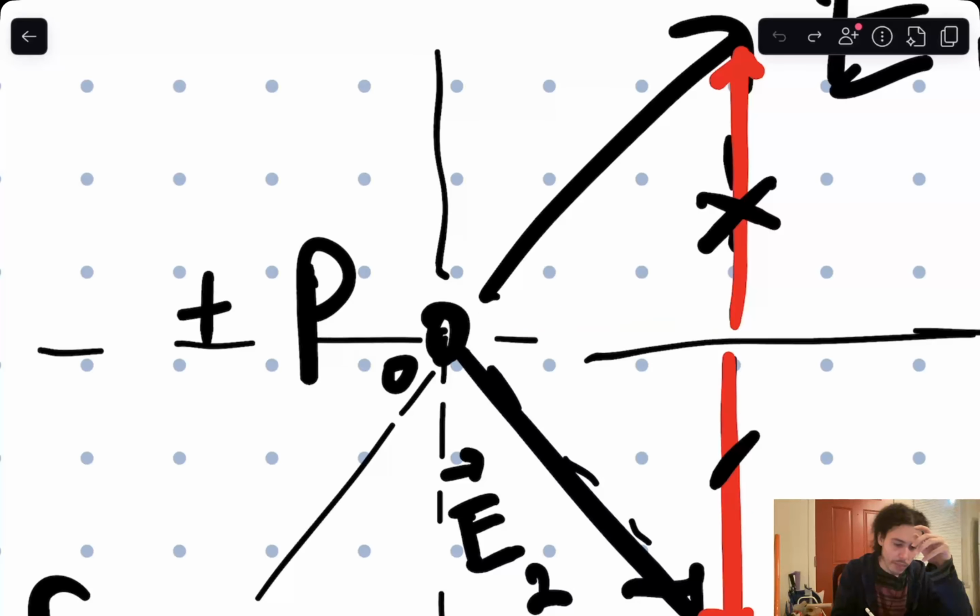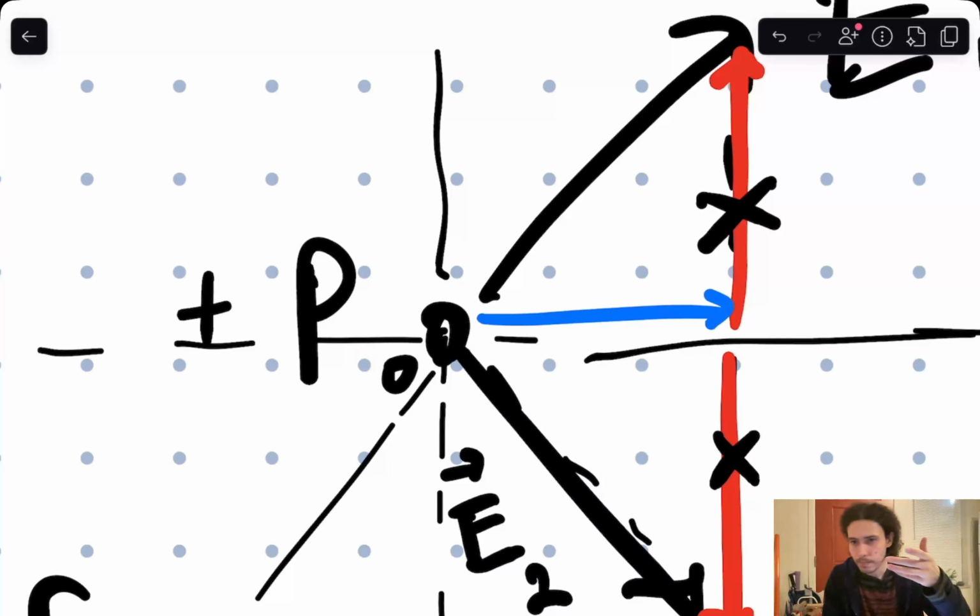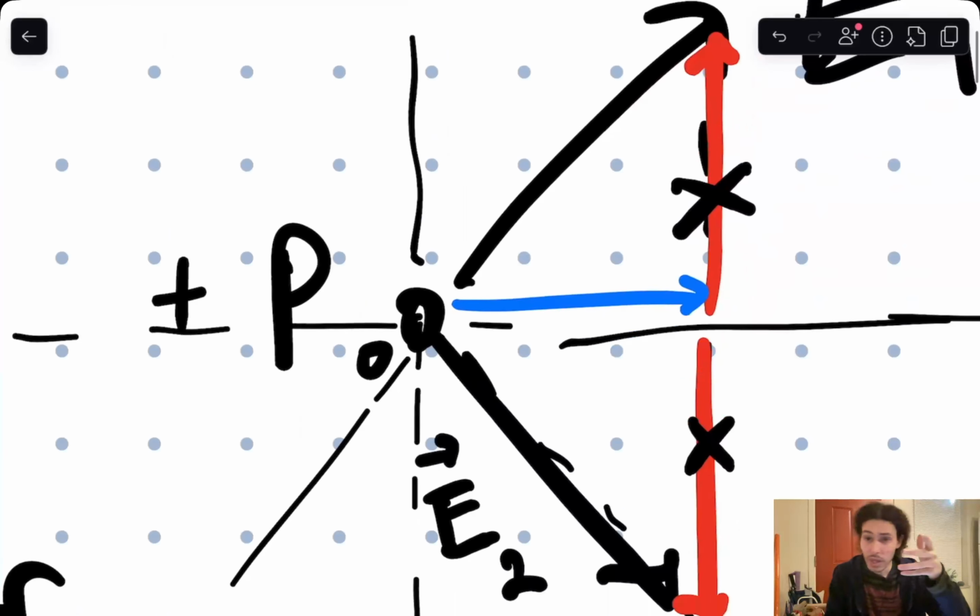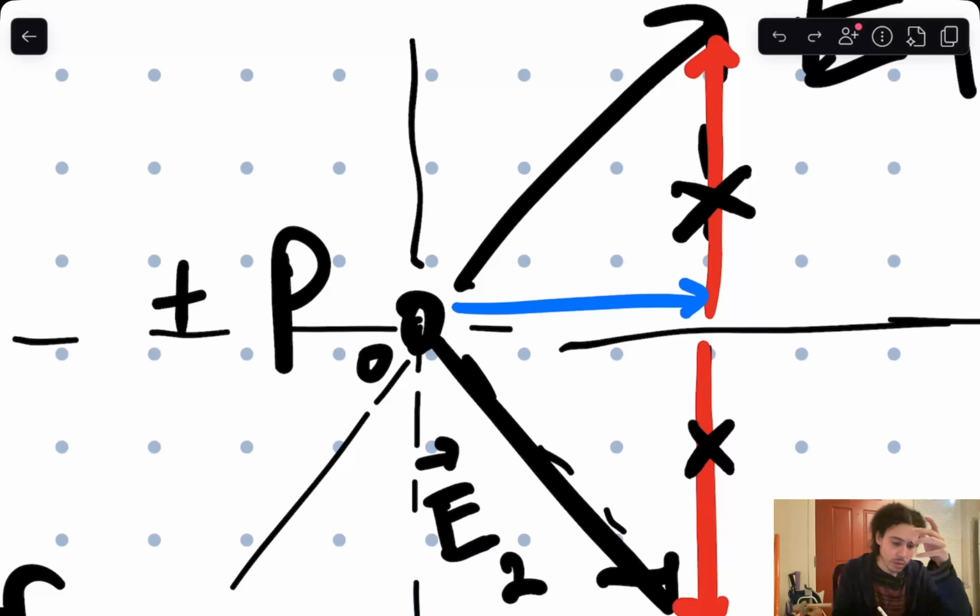The horizontal component for E1 goes something like this, and the horizontal component for E2 goes something like this. And notice they are, again, the same magnitudes. That's all because of the symmetry of this problem.